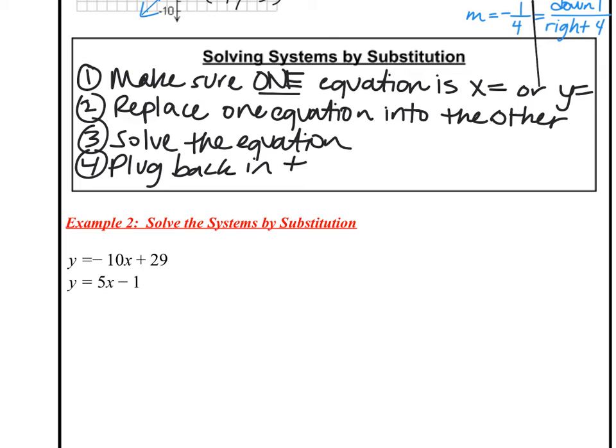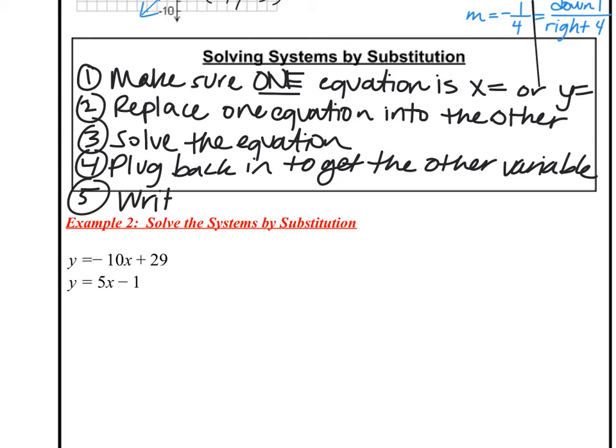Plug back in to get the other variable. Last thing, write it as a point, which will always be x, comma, y.